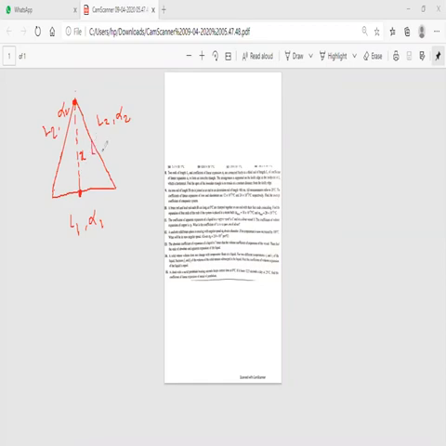So L2 square equals x square plus L1 by 2 whole square. Rewriting for x only, x square equals L2 square minus L1 square by 4.